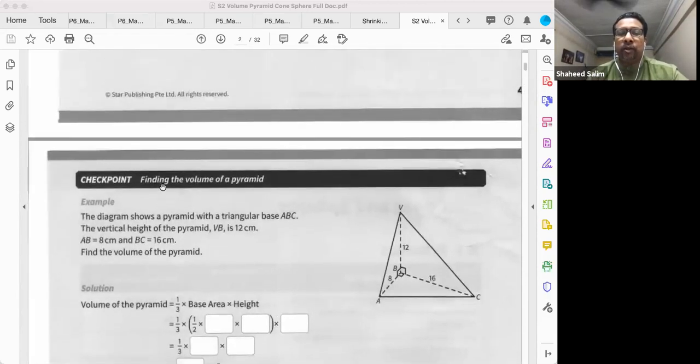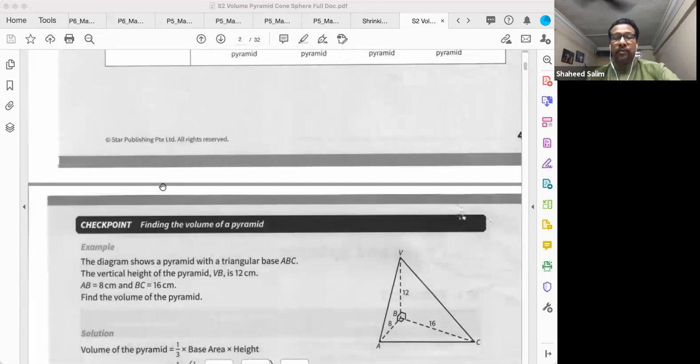Okay, now we try this one first. We try a simple one first. The formula is there. So can you all calculate? Remember, find the area of the whatever first. This one first. What is this? You must find.